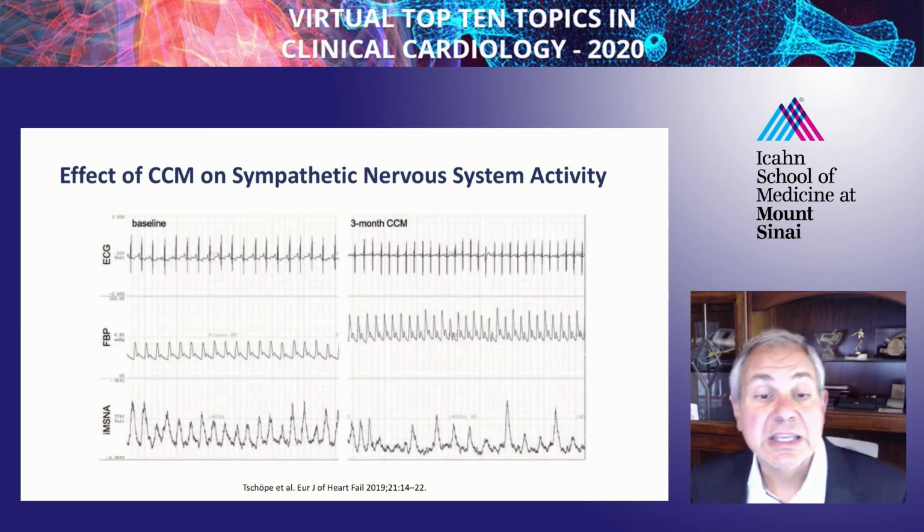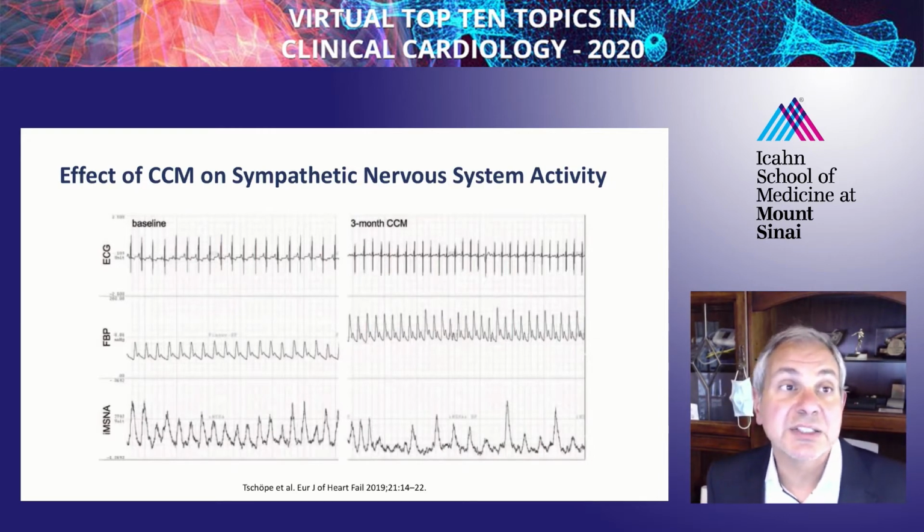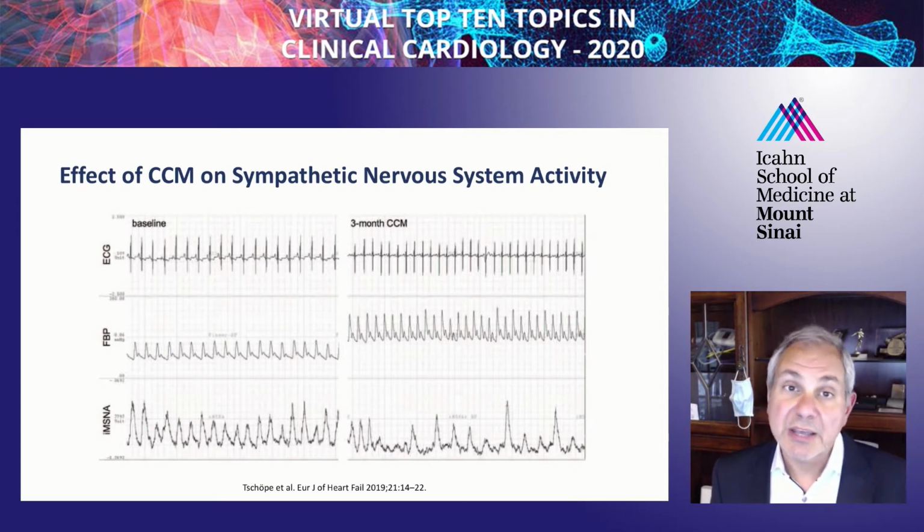Well, there is. In this study from Chope and colleagues, which demonstrates the effect of CCM on sympathetic nervous system activity as measured by muscle sympathetic nerve activity. On the left-hand side of this slide, you can see baseline results for muscle sympathetic nerve activity in the bottom panel of the slide.